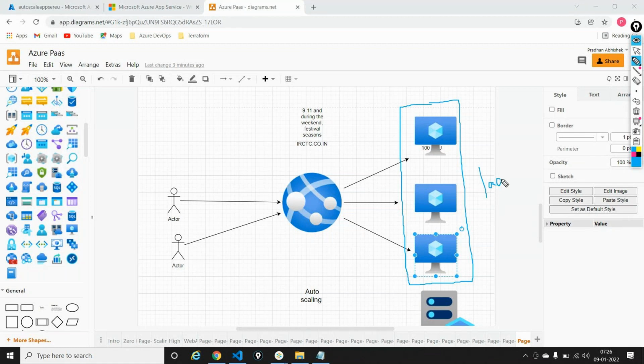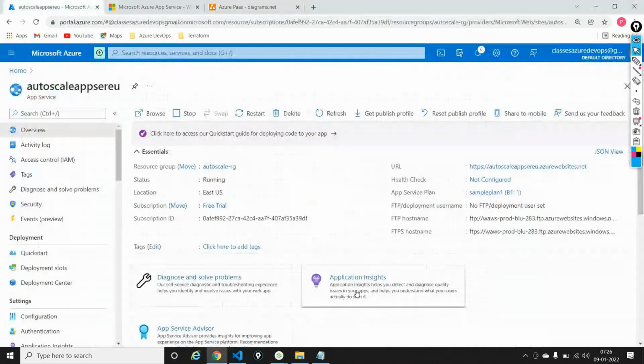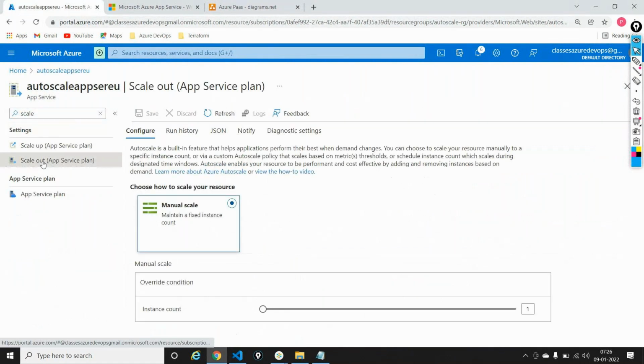So we do not have to create it. We are not even touching the virtual machine, meaning we are not even allowed to touch the virtual machine that is running in the backend. All we are playing around with is at this layer. So we are just ordering Microsoft that, you know what, instead of one instance, or one VM that is running in the backend, give me three. I mean, in my case, I won't be able to scale it out.